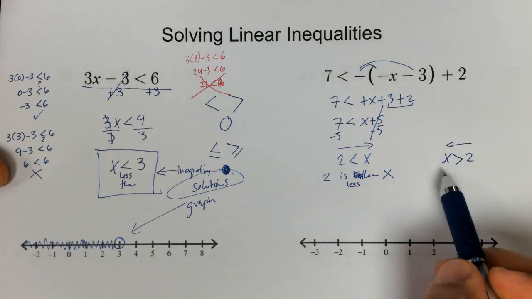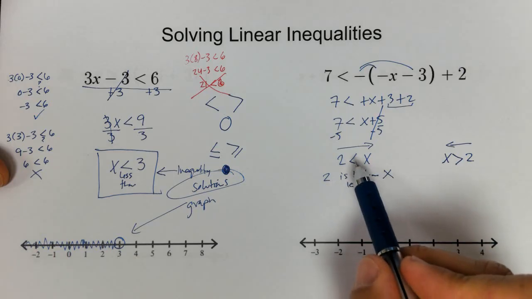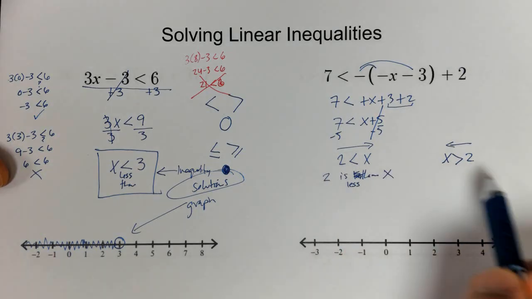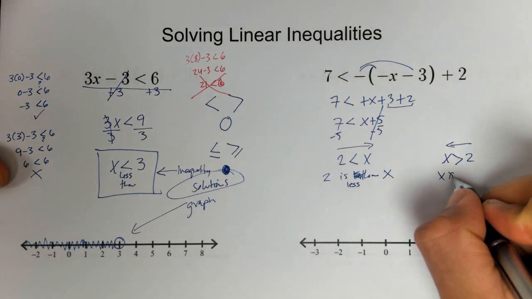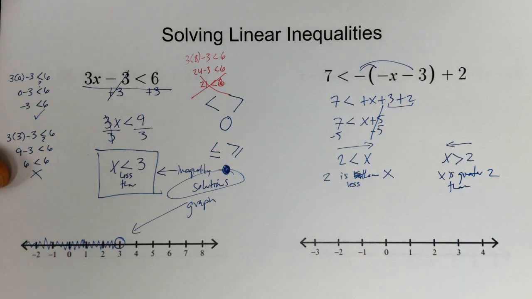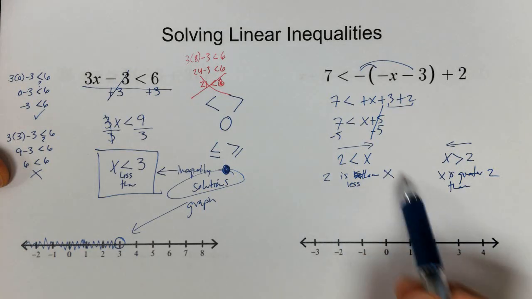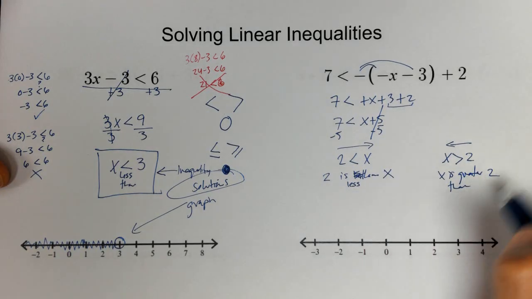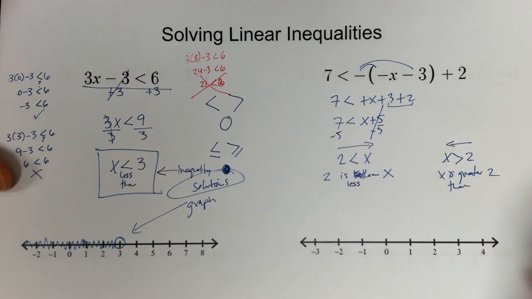So if you would rather read it with the variable on the left, just flip the sign and move things to the other side. From the right side, we would say x is greater than 2. Are you able to interpret this version or this version better? They mean the same thing. I prefer this one: x is all the values greater than 2.